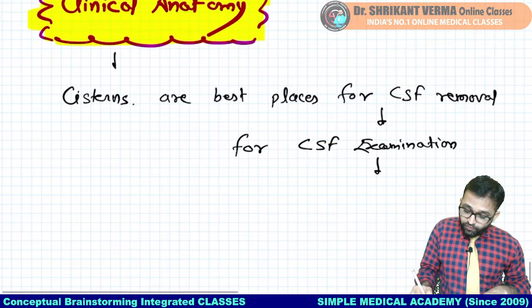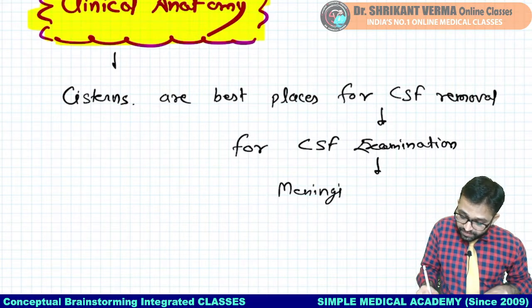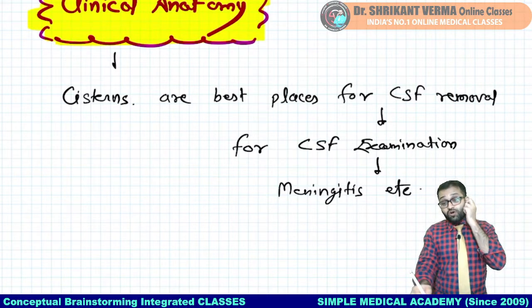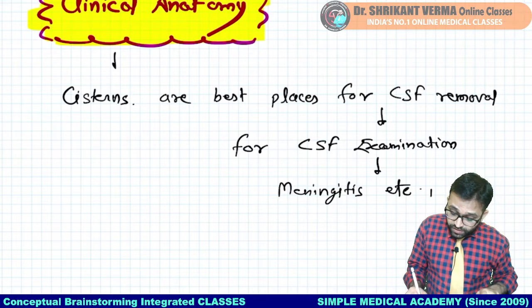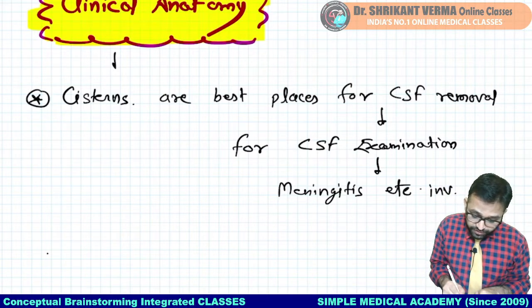And when you have to perform CSF examination in case of infection or inflammation of the meninges, you can say meningitis, etc. Like our hemorrhagic cases also seen with arterial rupture, etc. So this is the best site. So this is the first point.